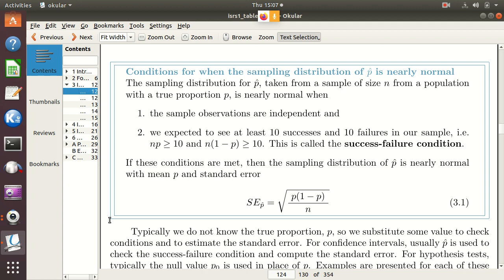Again, that's a big deal here, that a failure and a success, those are just names.